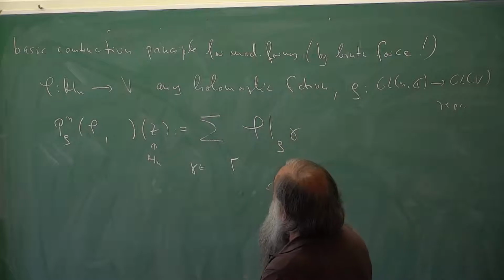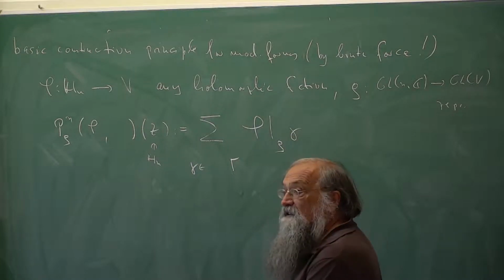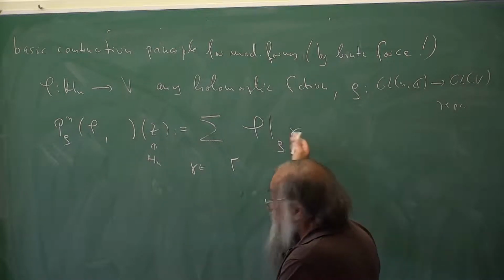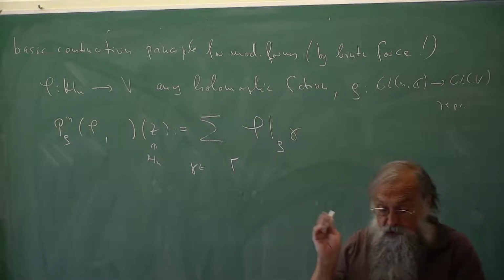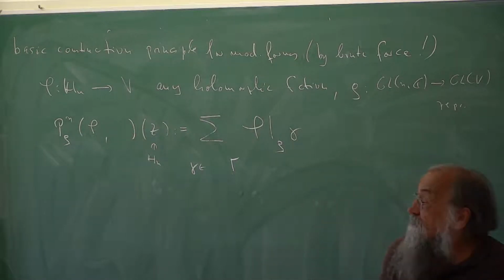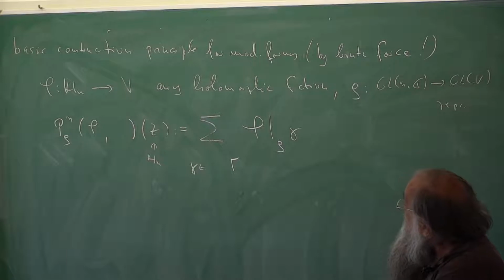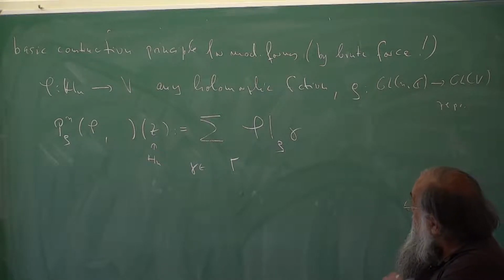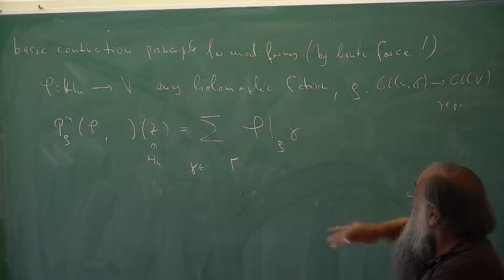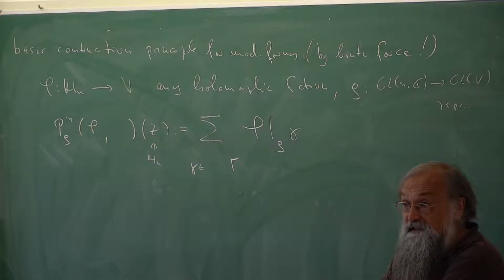If everything converges, say locally uniformly or something, then it will produce some holomorphic function, and it will have this requested transformation property.